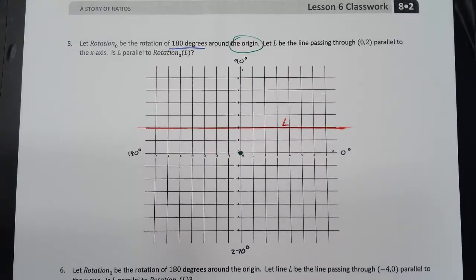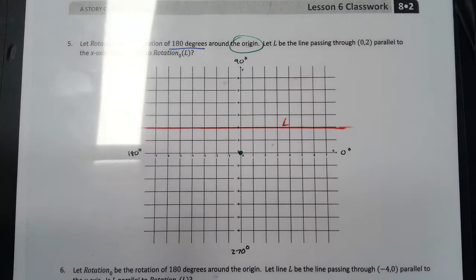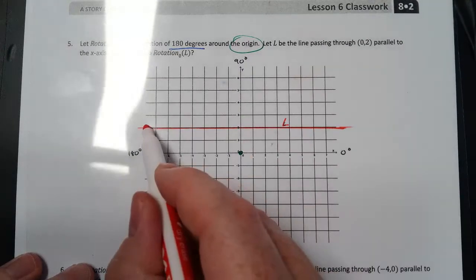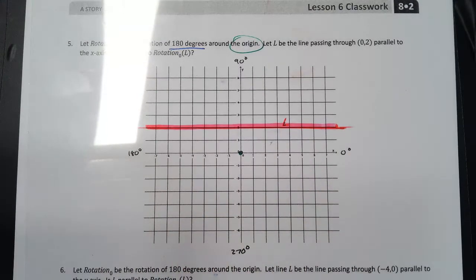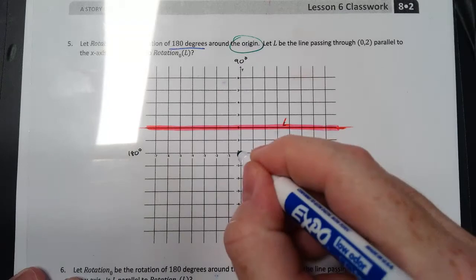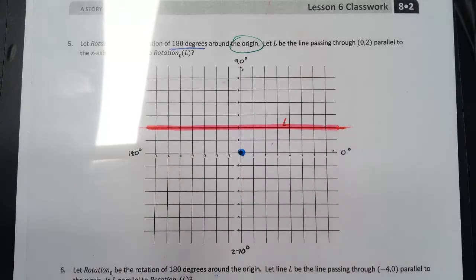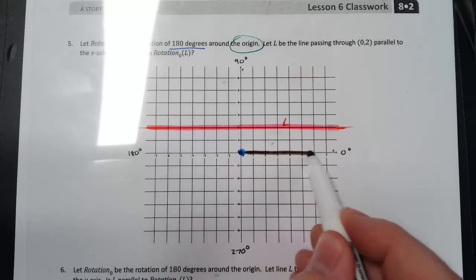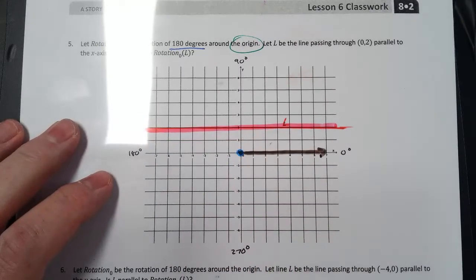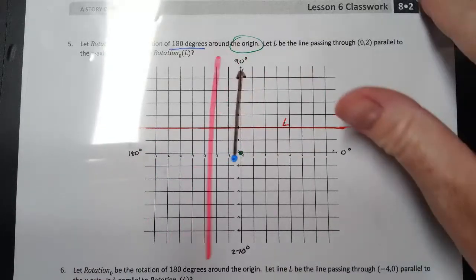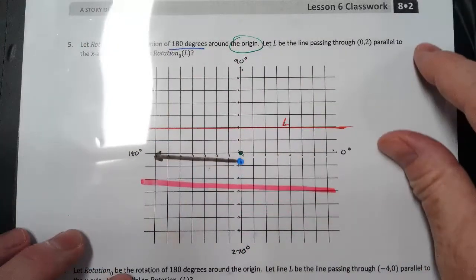Okay, if you pause the video and did the work, you should have done all this. Get your transparency on top. Label the line you are rotating. Label the point you are rotating around, the origin. And give yourself an arrow to help you measure the rotation. And you should have gone 180 degrees, just like that.